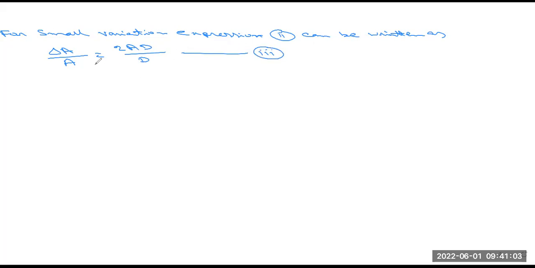So del A by A is equal to 2 into del D by D.